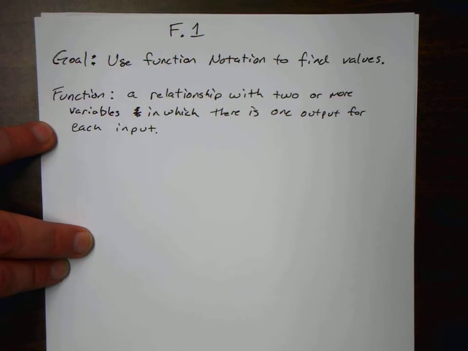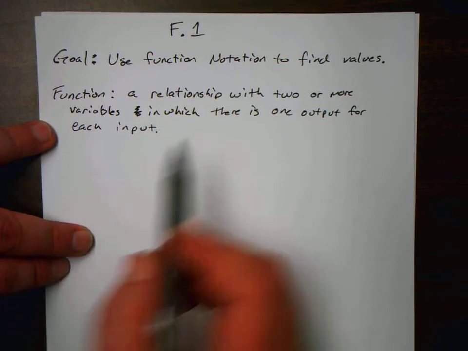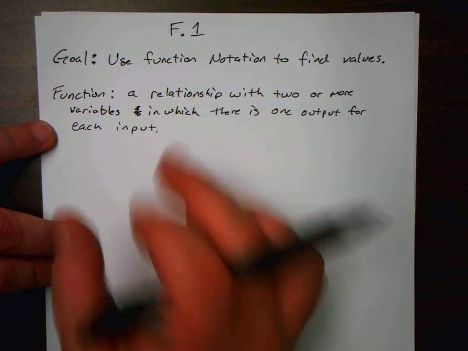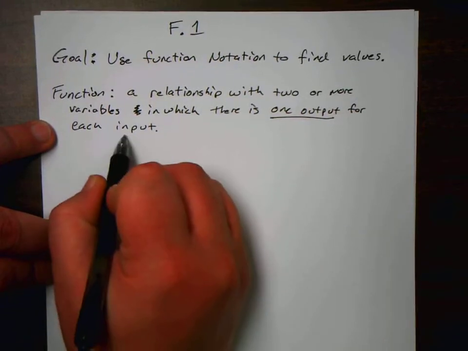All right, so here we have exactly one output for exactly one input. So if you put one thing in, you better get one thing out. So we have one output for each input.